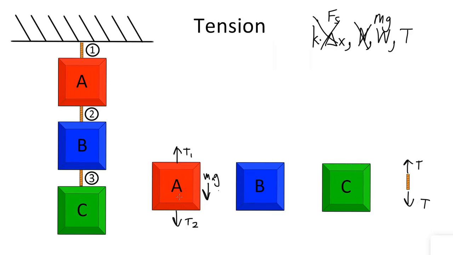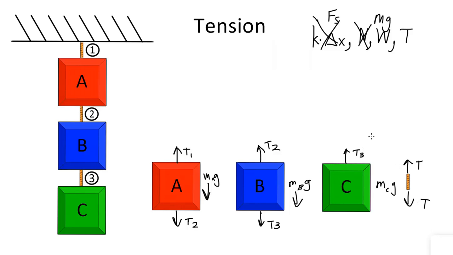Now if we move on to block B, it's basically the same thing again, except it's going to be T2 on top and T3 on the bottom, and then we have its weight, MBG. Then if we move on to C, there's only one tension now, just T3, so T3 is going up, and then we have MCG.